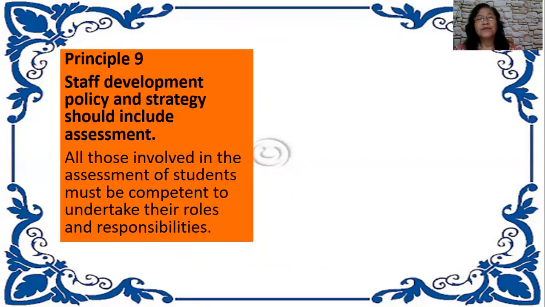All those involved in the assessment of students must be competent to undertake the roles and responsibilities. For example, your encoder, maybe a student who is a friend of the encoder is sent to get a copy. Long time ago, exams were still on stencil. Even the stencil paper, without any print, you could hold it up to a light and read the examination. Typewritten, then stenciled, then rolled to produce the test papers.